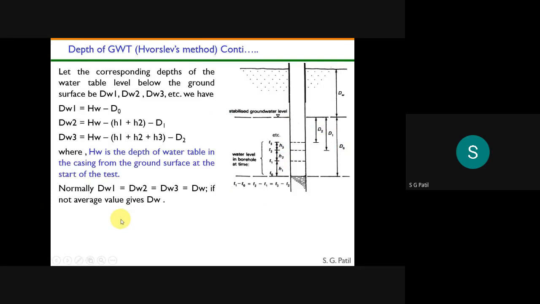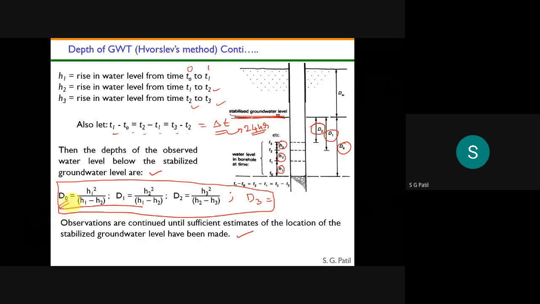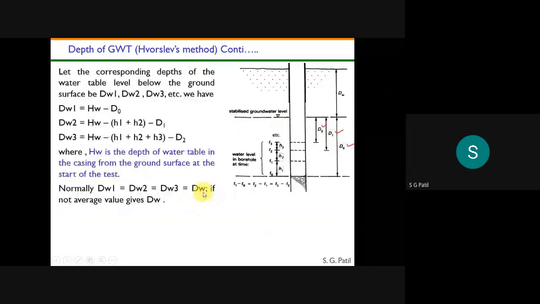Now, once I got this D0, D1, D2, how did I get these things? These can be determined from these formulas.